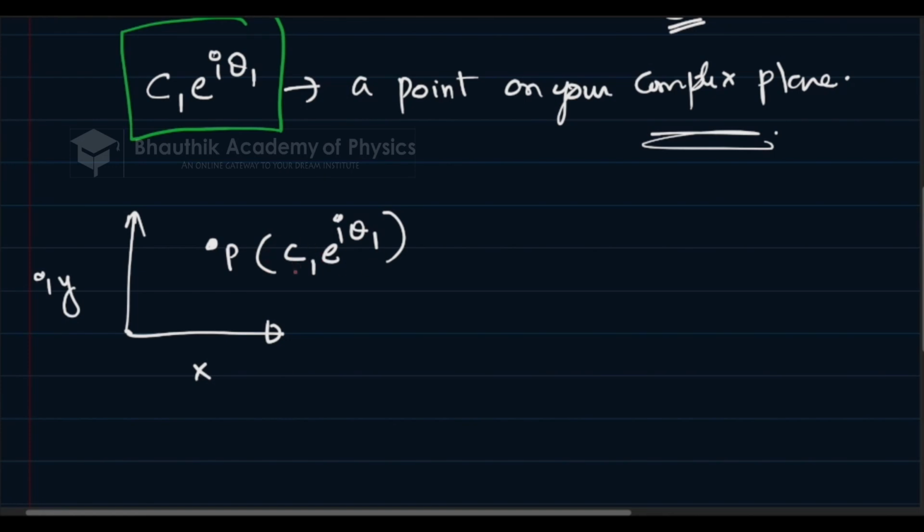I was saying it is fixed because c1 is not a function of time, or of anything, and theta 1 is also not a function of time. Since this is not changing, since the point P is a constant on the complex plane, it will remain on the complex plane forever. And there is not much exciting about a fixed point.